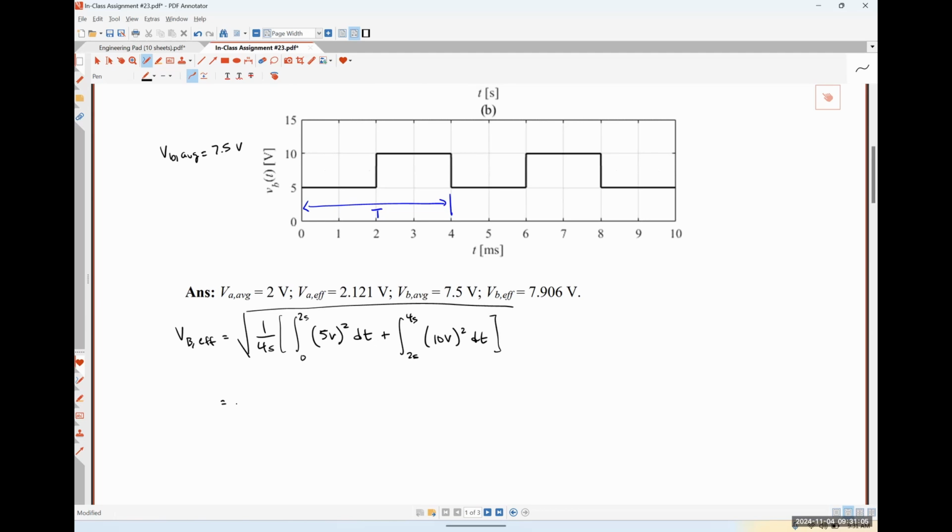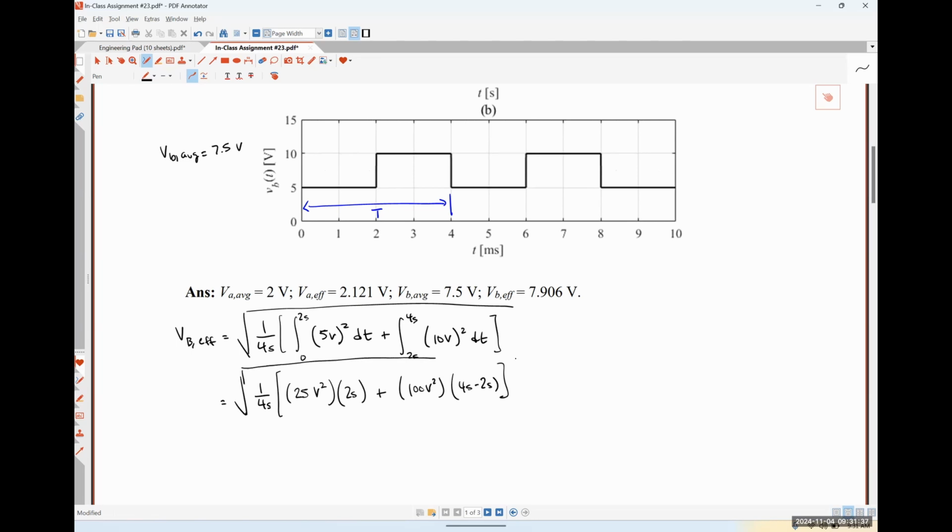Which is going to equal 1 over 4 seconds times 25 volts squared times 2 seconds minus 0 seconds plus 100 volts squared times 4 seconds minus 2 seconds.